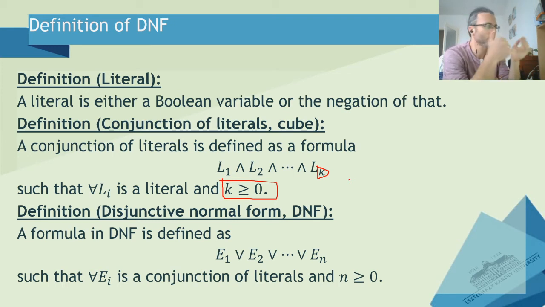So 3 is okay, 2 is okay, 1 is okay, 168 is okay, and also 0 is okay as well. In the lecture notes, I will write about how to interpret a cube with 0 literals. I'm not going to talk about this now. It's not that important. You will read the corresponding content in the lecture notes in the new module.